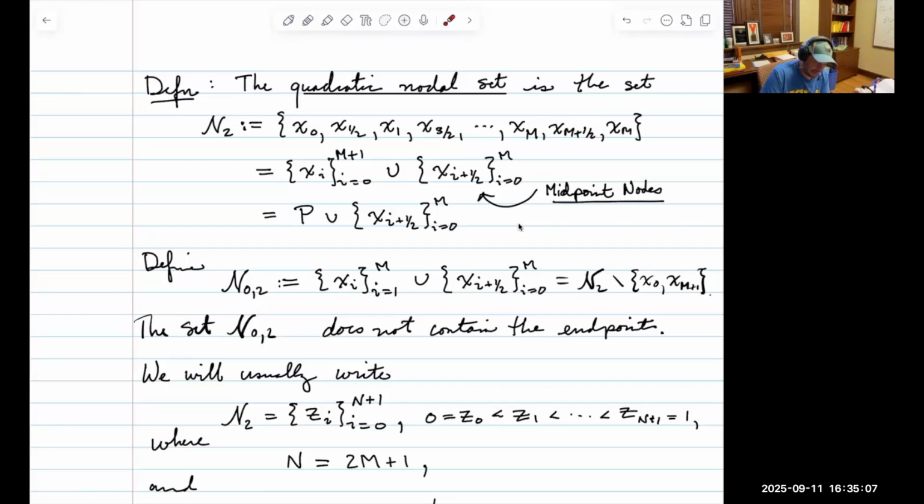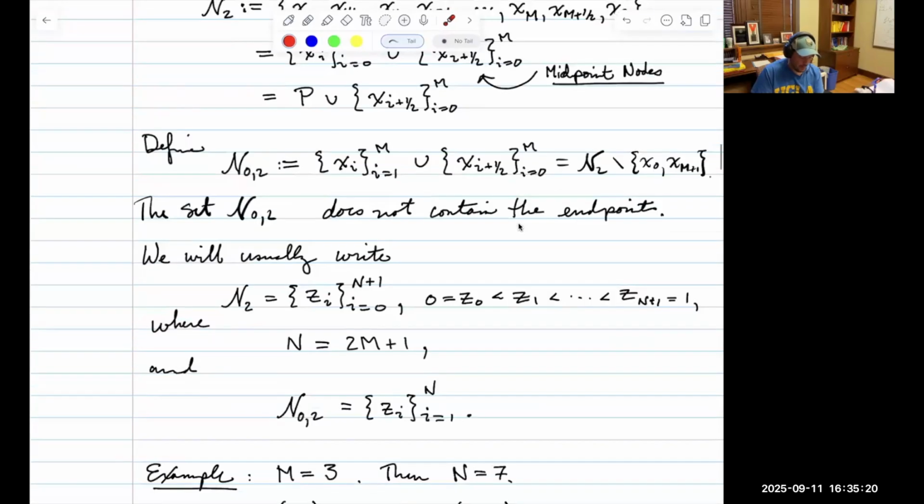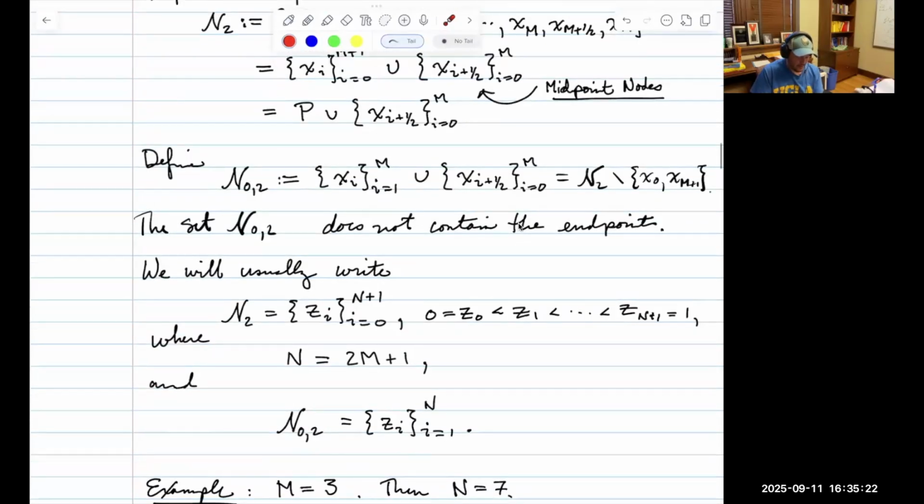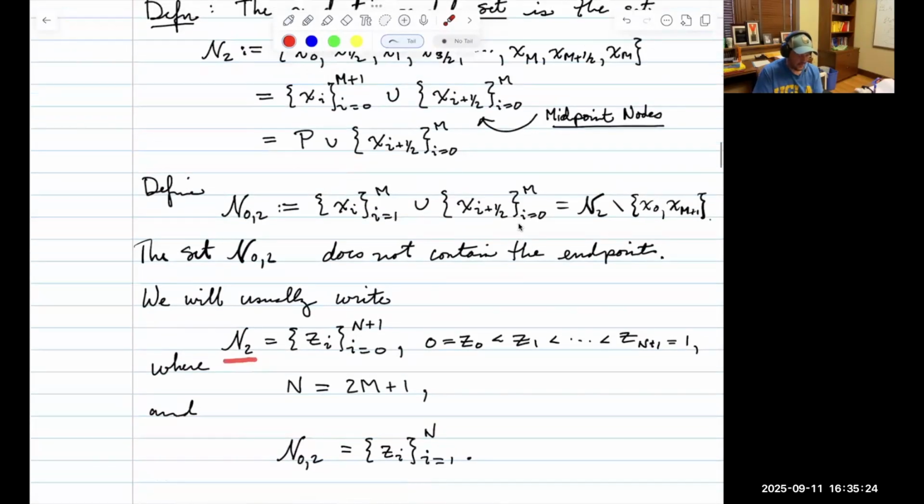Now, what I would really like to do is, instead of having these written as two different sets of points, bring them all into one unified collection of points. How can I do that? Whatever is in that nodal set N2, let's just agree that we could write those as a set of points z_i from i equals 0 to n plus 1, such that the order of these nodes is strictly increasing.